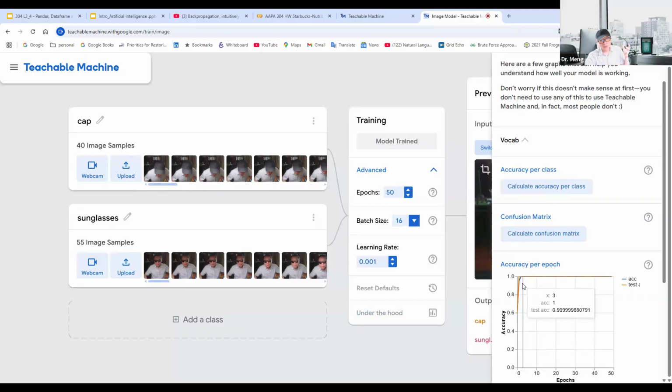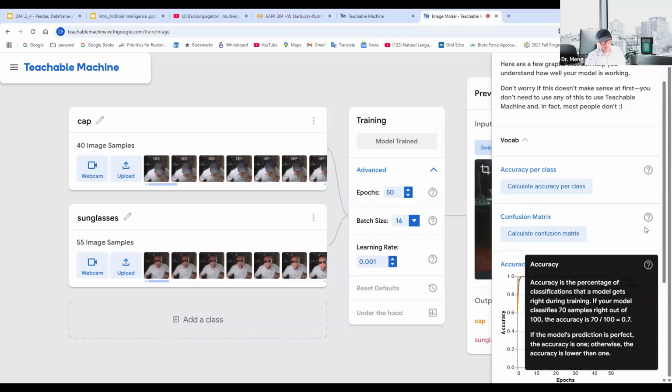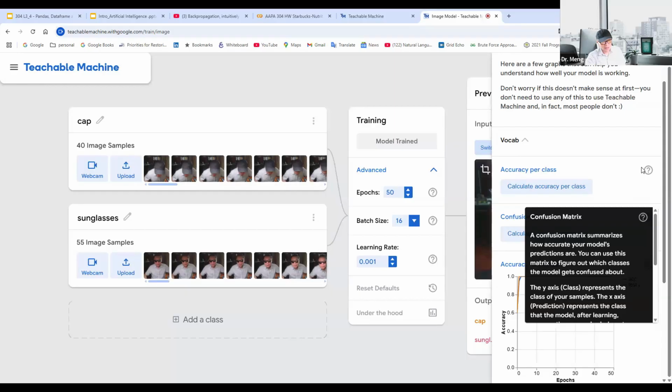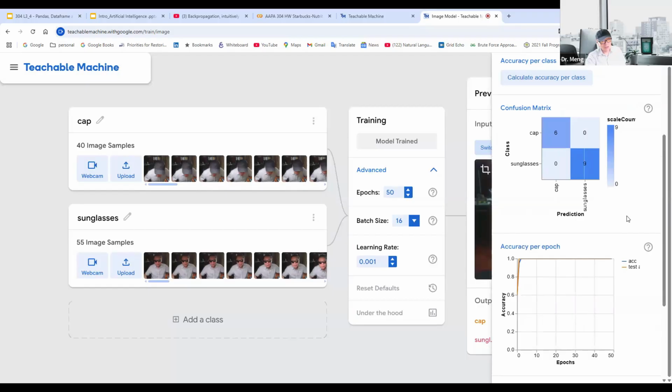If I have a very wide range, with different backgrounds and different poses, it's going to take more time to train. Anyway, there is something you can look at. If you mouse over the question mark, it's going to explain what the confusion matrix and accuracy are. If you click here, it's going to pop up more information.